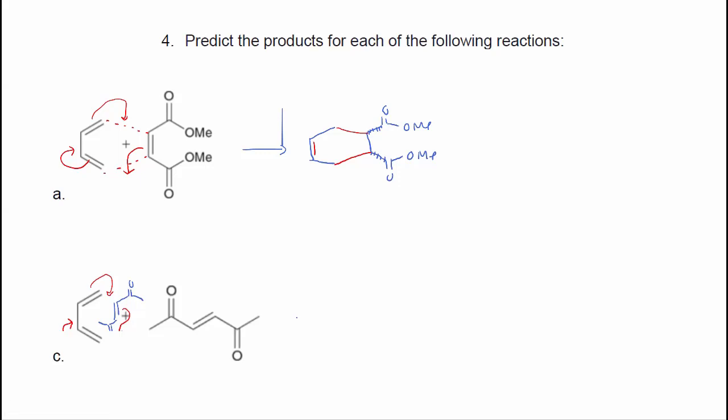That one goes there. New bond, double bond. So if you were to draw that a little bit more cleanly, one of these would be up, other one is down.